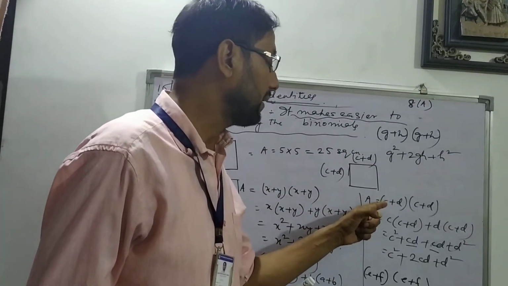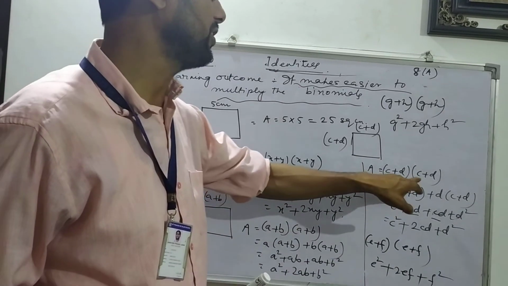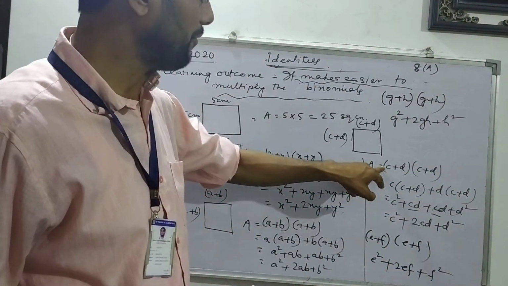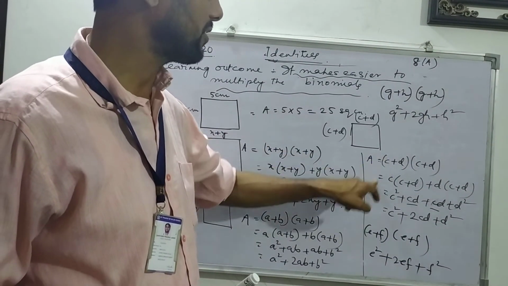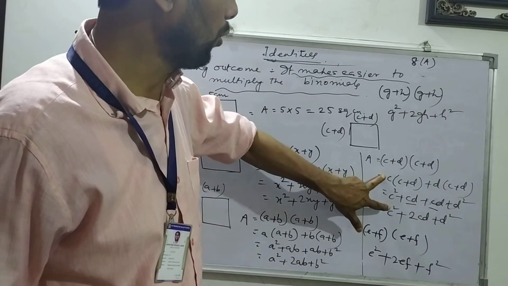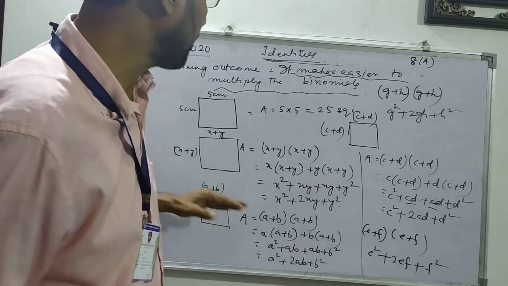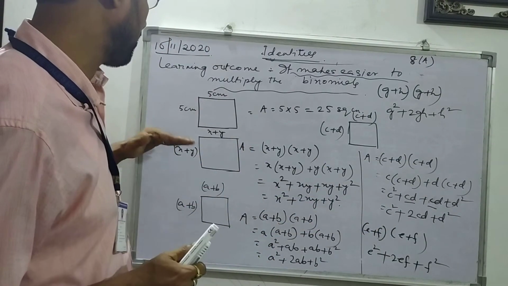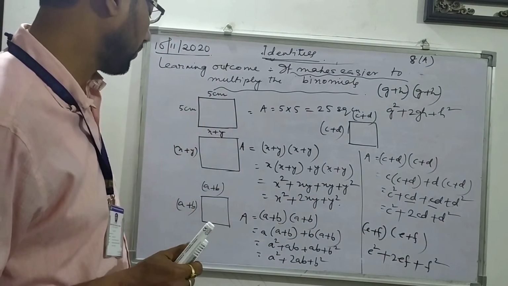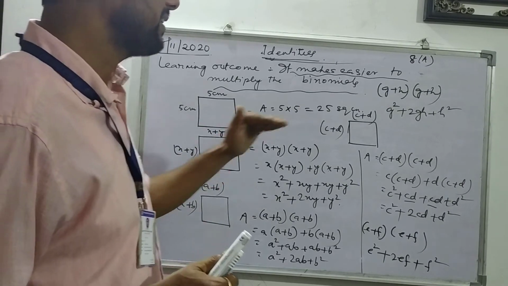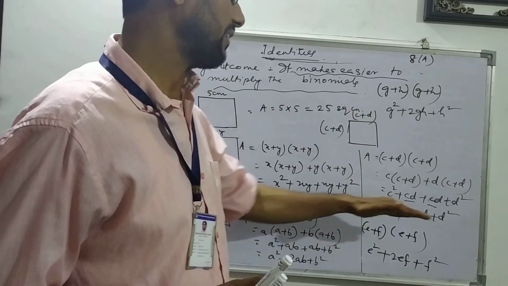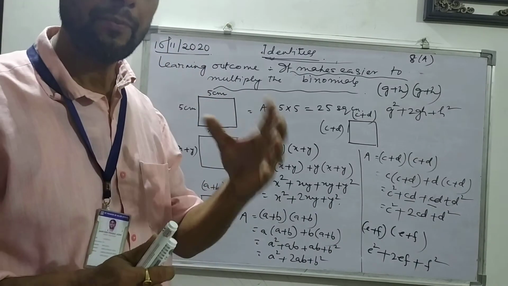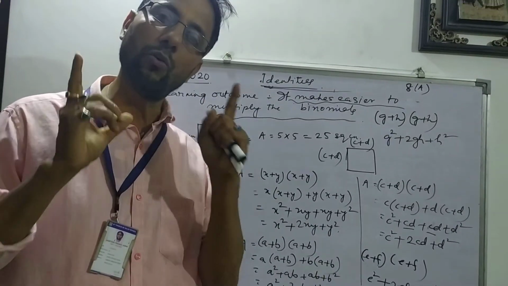If I get such a type, c plus d into c plus d, and I write the answer directly, that means this is called an identity, where there is no need to write those steps. It forms a pattern. See, it forms a pattern. Only for this case, x plus y into x plus y, a plus b into a plus b, c plus d into c plus d, e plus f into e plus f, this forms a pattern. So students, we will discuss only one identity.